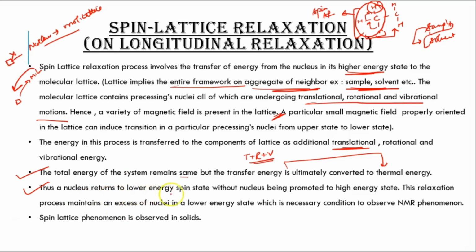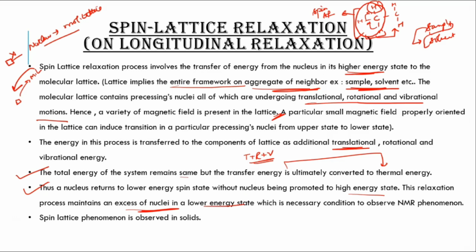So the nucleus returns to the low energy spin state without nuclei being promoted to high energy spin state. So the relaxation process maintains excess of nuclei in the low energy spin state. Now see, पिछले केस में आपने देखा था कि लो एनर्जी स्पिन स्टेट में एक्सेस न्यूक्लियाई को मेंटेन करने का काम स्पिन रिलैक्सेशन नहीं करती.